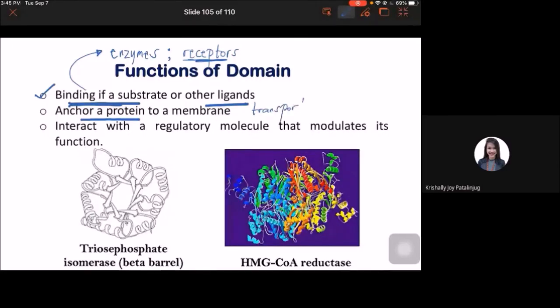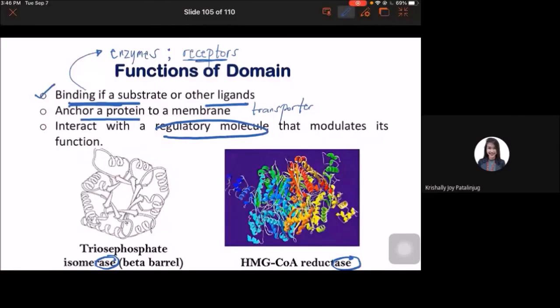Okay? Transporter. Then, lastly, they are used as regulators, no? Regulators. So, mga regulatory protein naman yung pasok dito. So, halimbawa, yung nasa slides, these are enzymes, no? Ending in A's, these are enzymes. So, these are already functional, no?